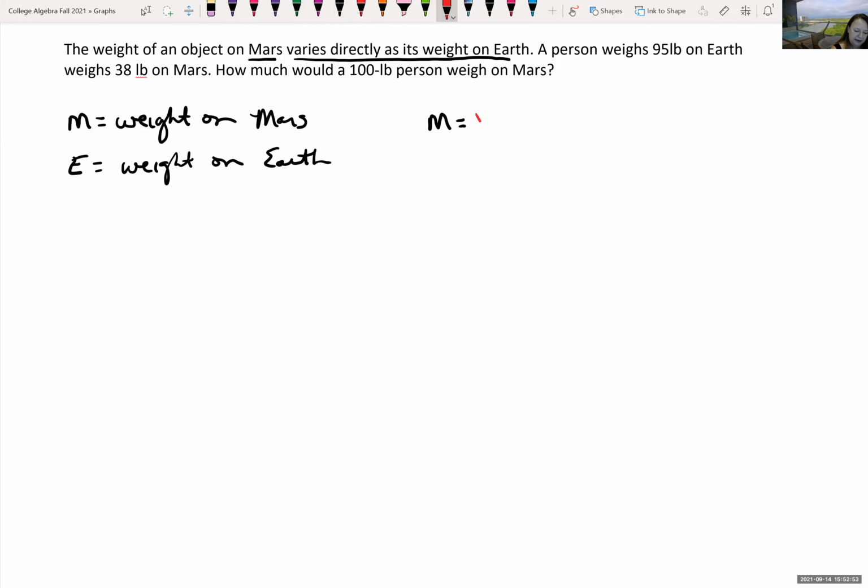So maybe M equals the weight on Mars. Maybe E equals the weight on Earth. Well, it says M varies directly with the weight on Earth. So M equals K times E.